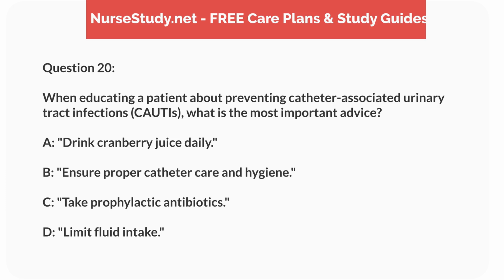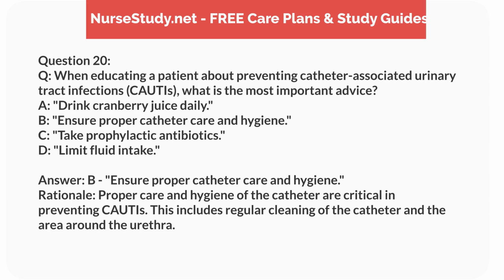D. Limit fluid intake. Answer. B. Ensure proper catheter care and hygiene. Rationale. Proper care and hygiene of the catheter are critical in preventing CAUTIs. This includes regular cleaning of the catheter and the area around the urethra.